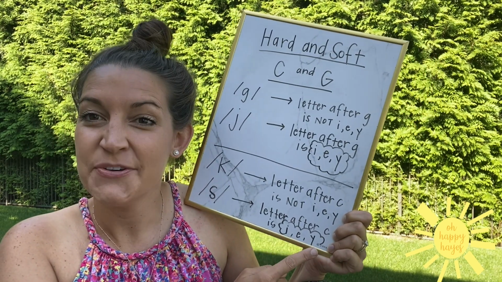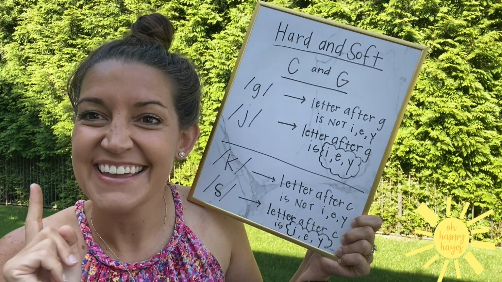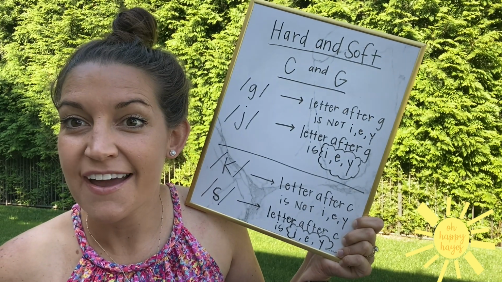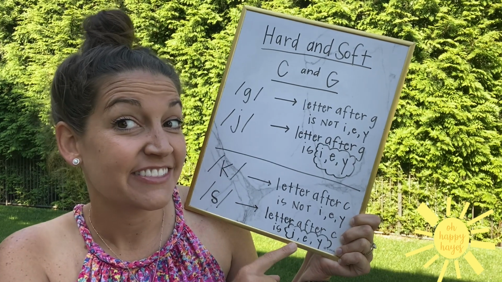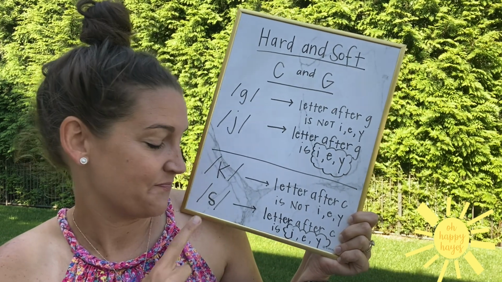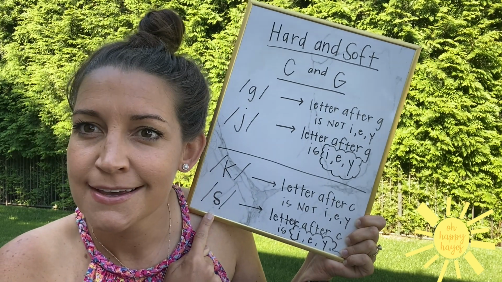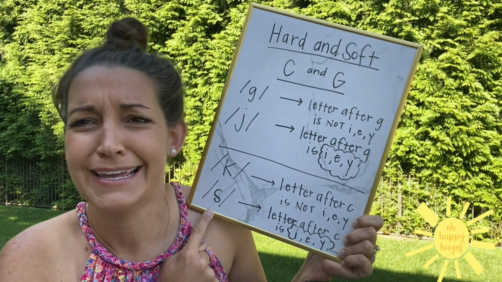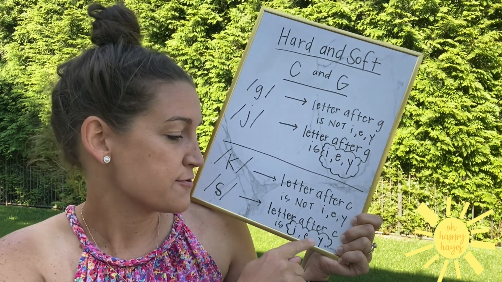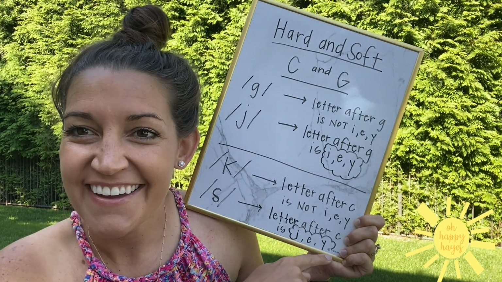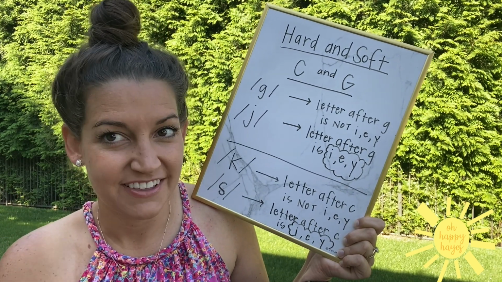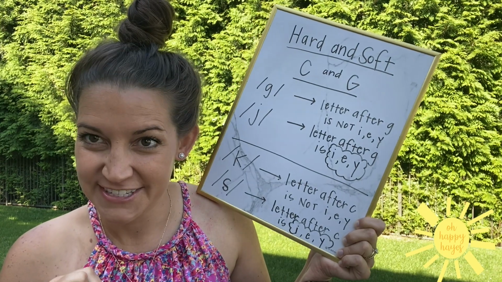I, E, and Y. You say it, I, E, and Y. If you see that the letter after the C is I, E, or Y, it's gonna make the S sound. I know, it's so silly. It's like an S. So if you see I, E, or Y after a C, don't read it like K, like the hard C. Read it like the soft C.